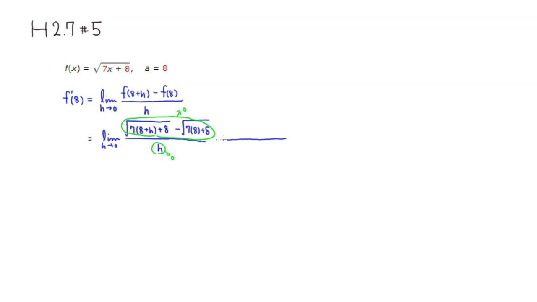So we're going to use this trick. Multiply the numerator by almost exactly the same thing, except for the sign. So you have the square root of 7 times 8 plus h plus 8, plus the square root of 7 times 8 plus 8.